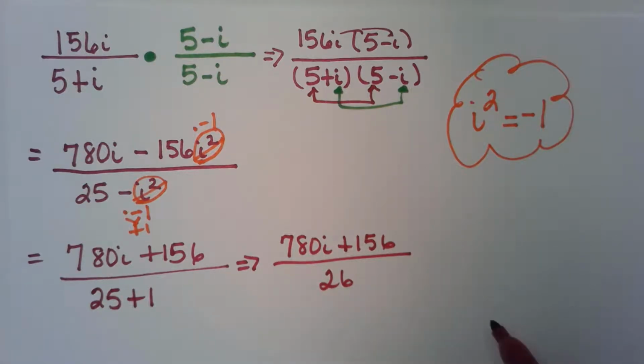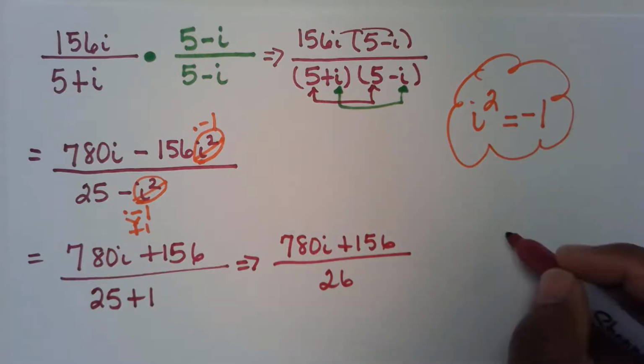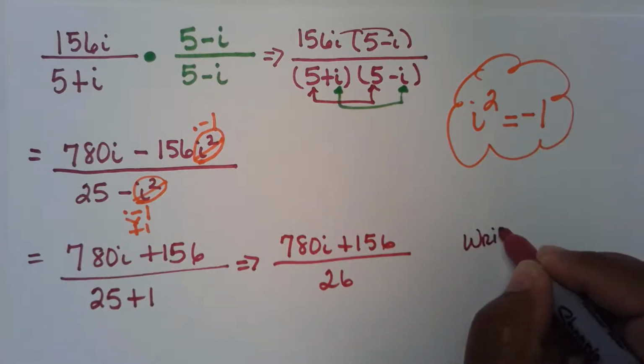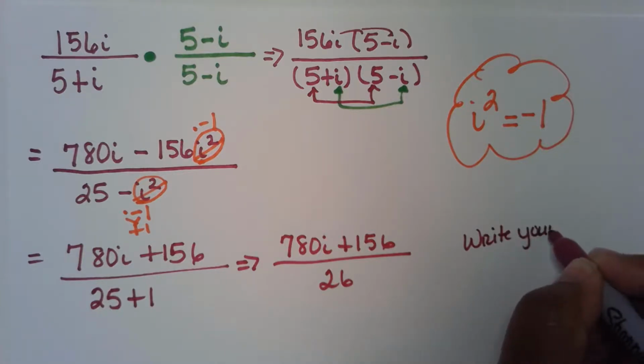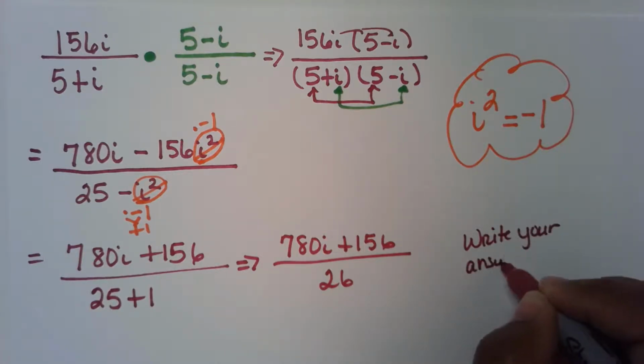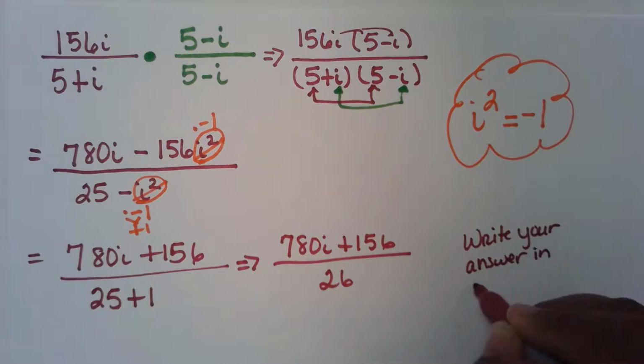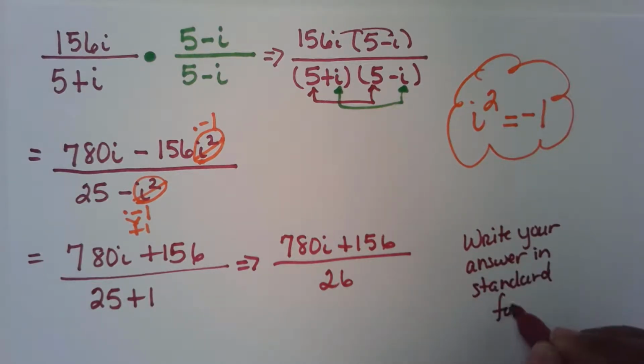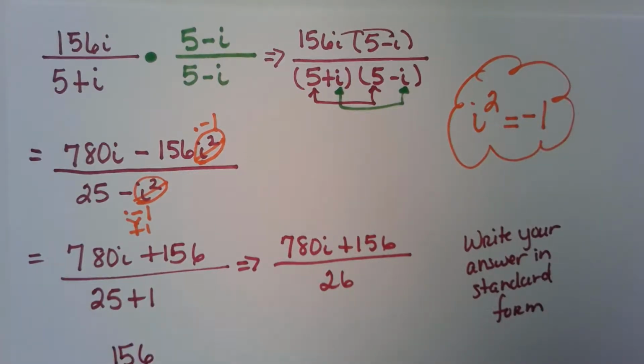And we want to make sure we reduce and also write our answer in standard form. Standard form is a plus bi.